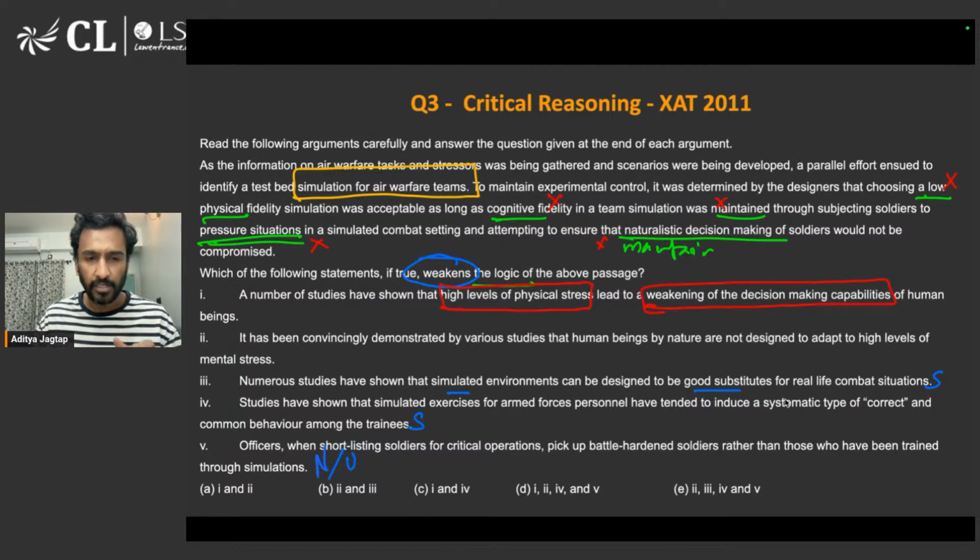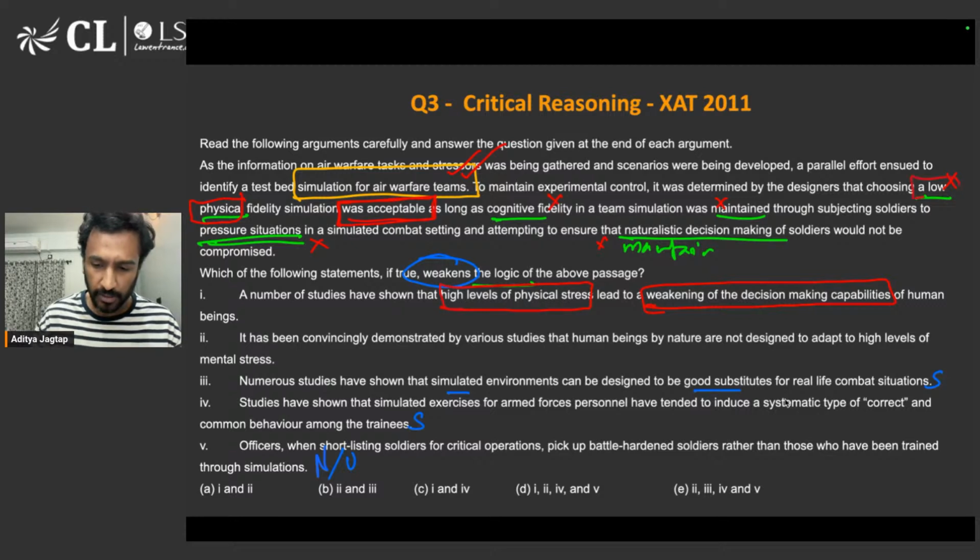Sentence 1 is a little tricky, so please pay attention. The passage says that if you want to simulate an air training exercise, you should choose a low physical stress situation as acceptable. Correct?